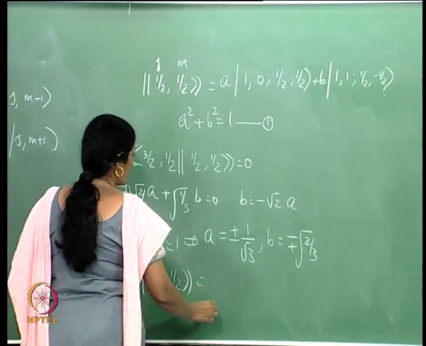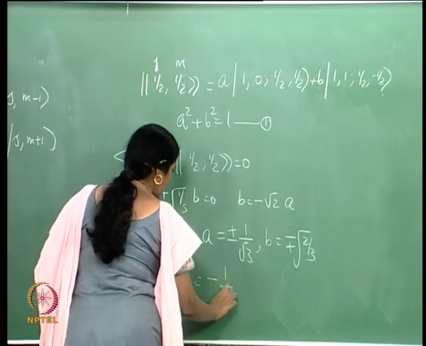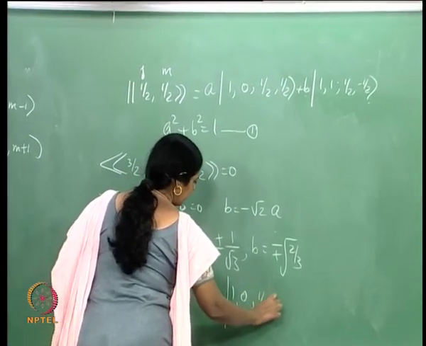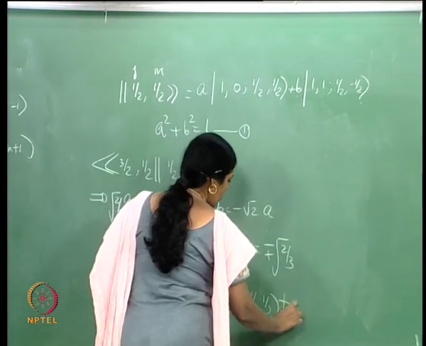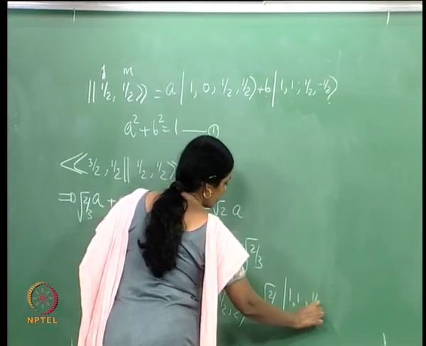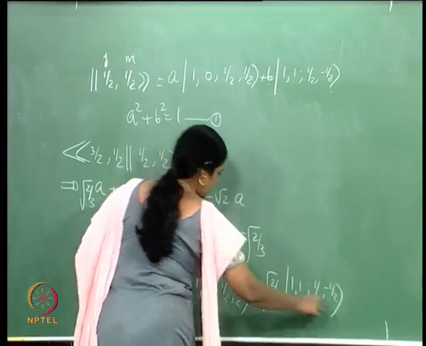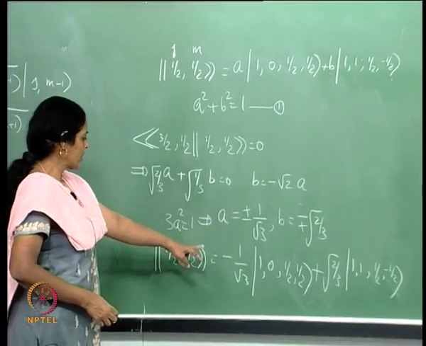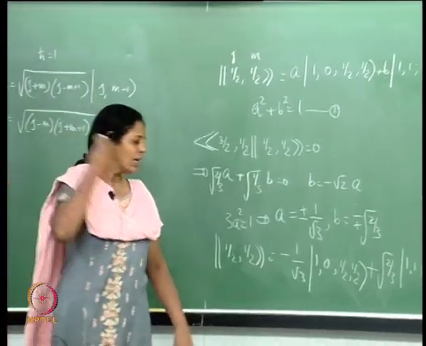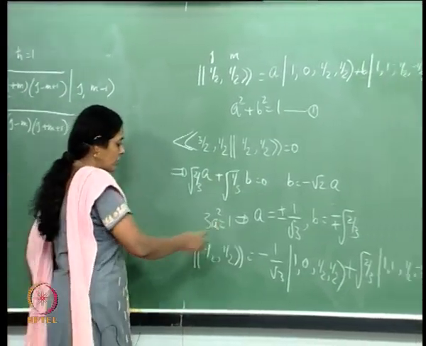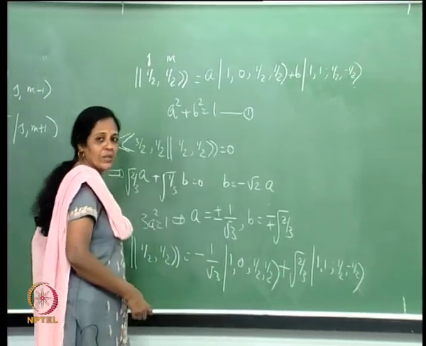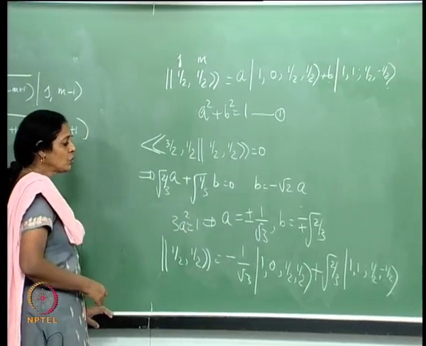So I have half comma half is minus 1 by root 3, 1 0 half half plus root of 2 by 3, 1 1 half minus half. Again, the mod squares when summed over add to 1, that is a 1/3 plus a 2/3, which gives me a 1, and that is what I have for half comma half. I could have written plus 1 by root 3 here and a minus root of 2 by 3 there. As I said, I have used this convention.